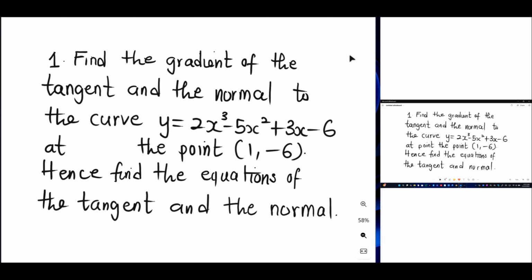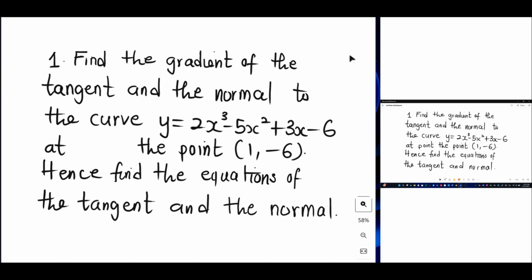At the point where they meet, the line has the same gradient as the curve. We also learned that the normal is perpendicular to the tangent. So if the two lines are perpendicular, the product of their gradients must be equal to -1, as we treated in coordinate geometry.